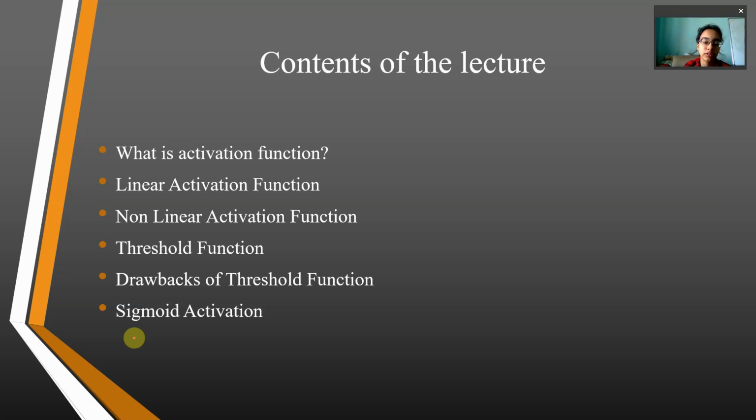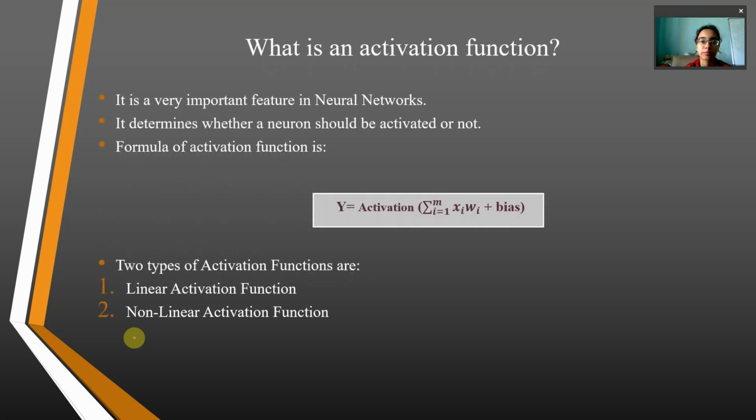So let's start with the first topic, that is what is activation function. Now I have already told you about this fundamental term in my first lecture, that is, activation function generally helps to activate the neuron, and it helps to predict the output. It actually helps to take the decision by the neural network. So the activation function is applied on the weighted sum that is calculated in the hidden layer.